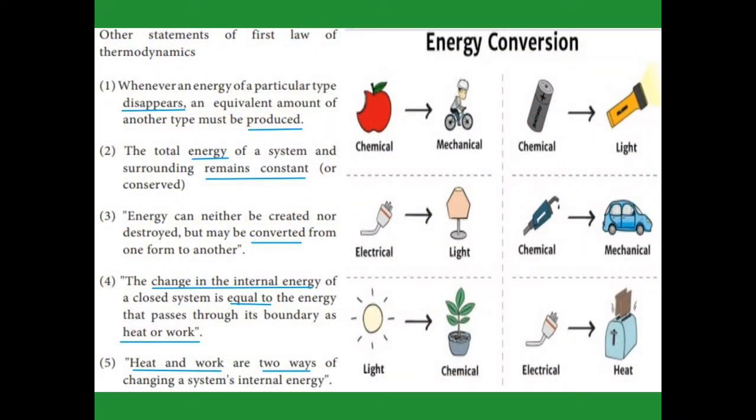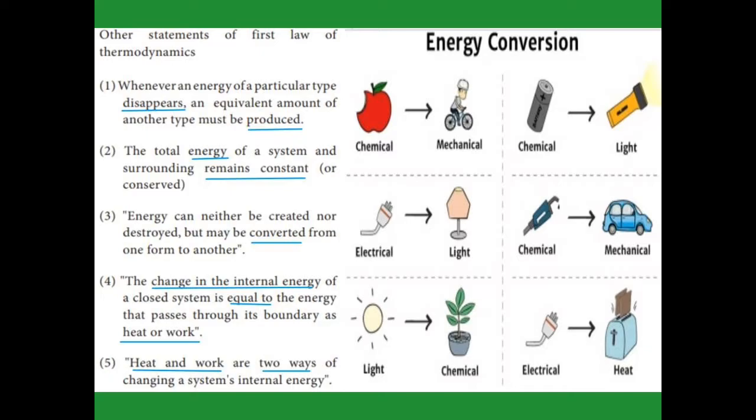Other statements of the first law of thermodynamics. The first statement: energy disappears, but an equivalent amount of a different energy is produced. Now see the diagram: chemical energy disappears, but the same amount of another type of energy, mechanical energy, is produced. The same way, in all the diagrams, one form of energy disappears and an equivalent amount of another form of energy is produced.